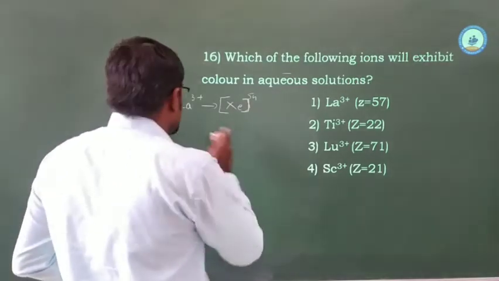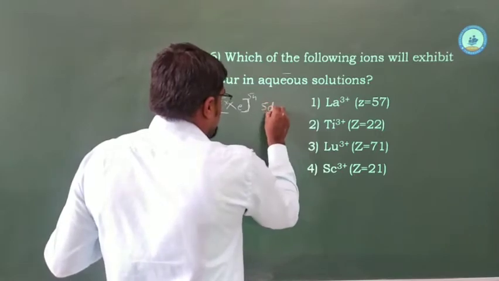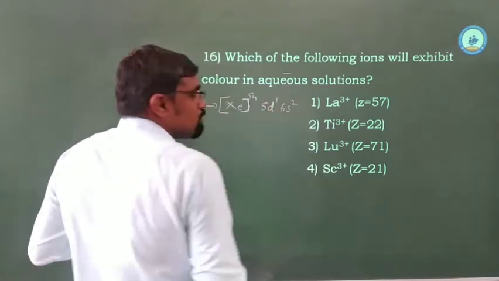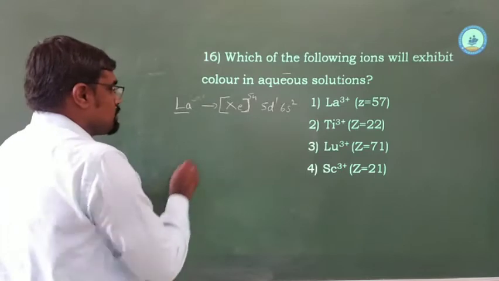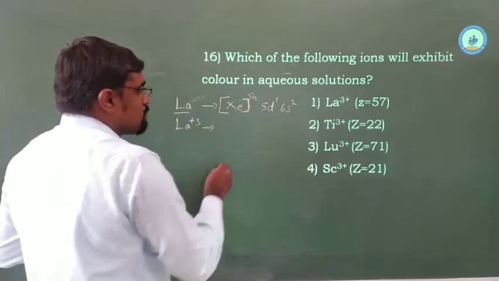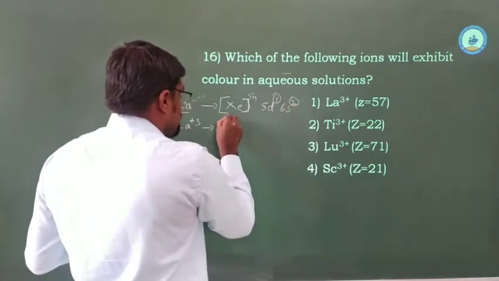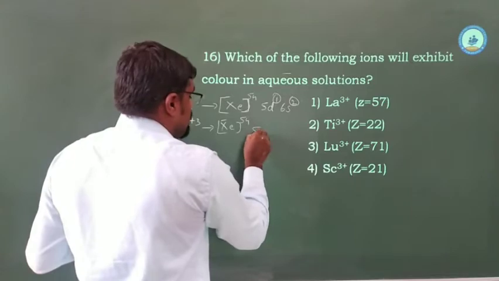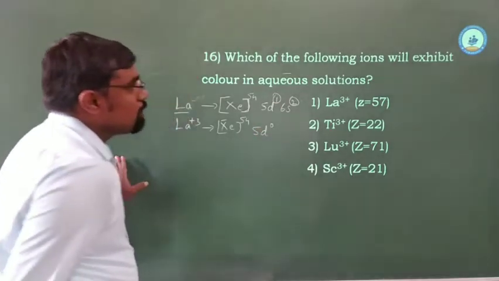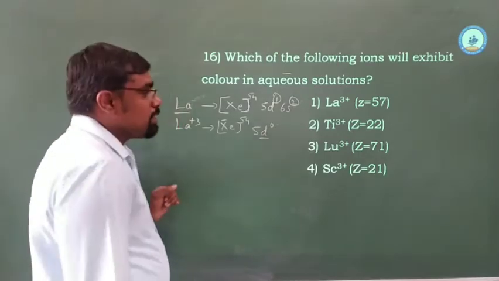So there are no electrons in the d orbital here.